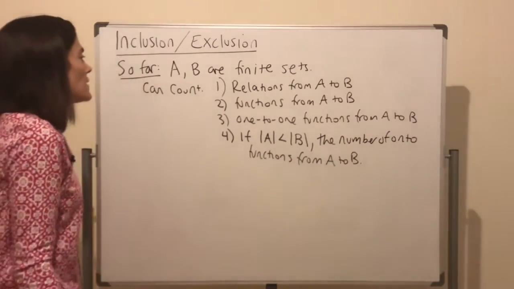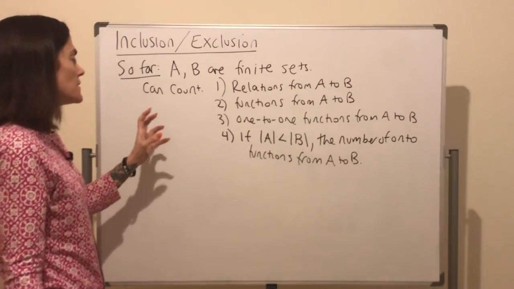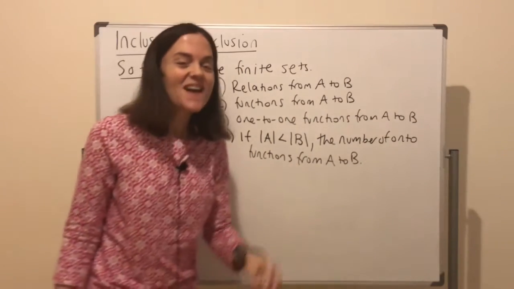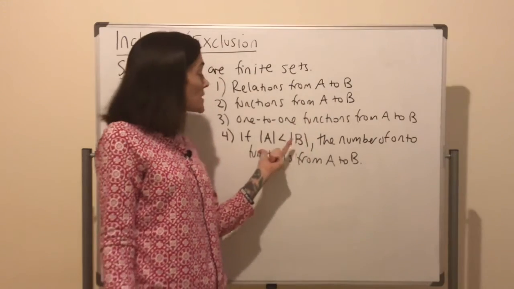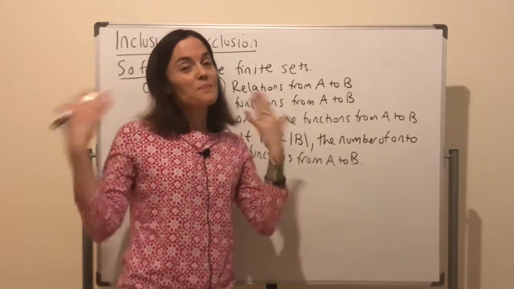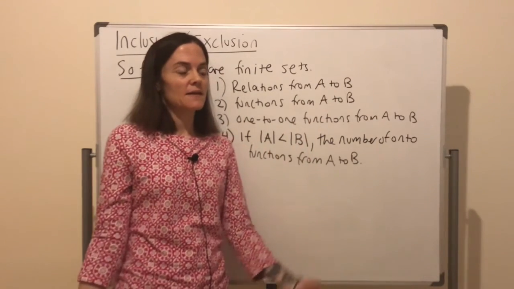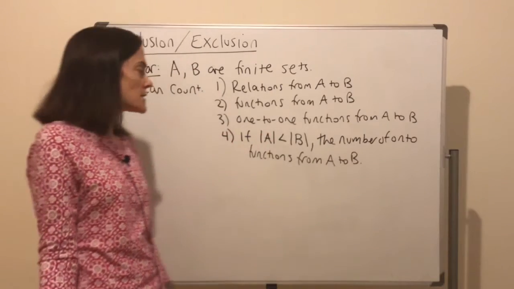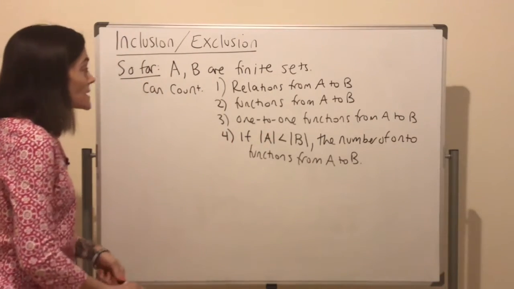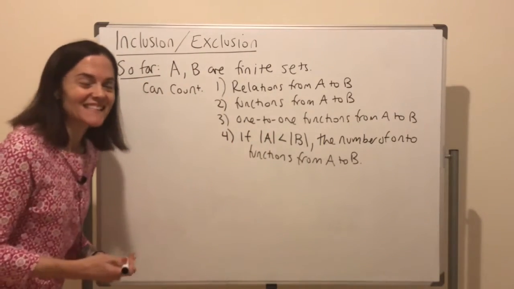Okay, well, we would like, and we will today, figure out when the cardinality of A is bigger than or equal to the cardinality of B, the exact number of onto functions. And we will do this through inclusion, exclusion.